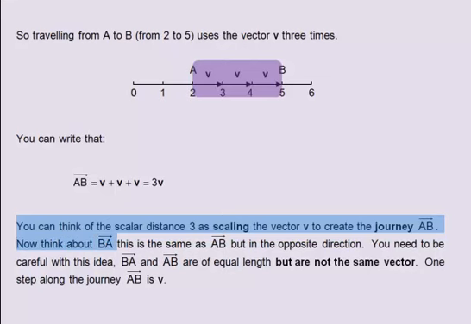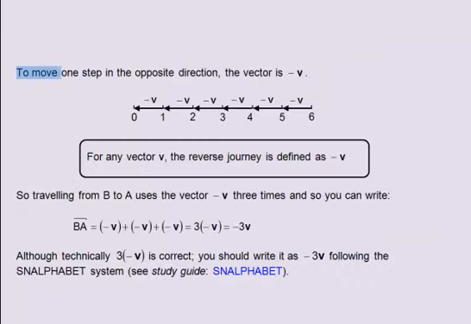Now think about BA. This is the same as AB, but in the opposite direction. You need to be careful with this idea. BA and AB are of equal length, but are not the same vector. One step along the journey AB is v. To move one step in the opposite direction, the vector is minus v. For any vector v, the reverse journey is defined as minus v.